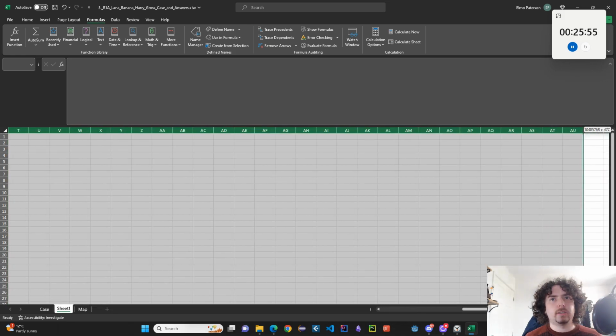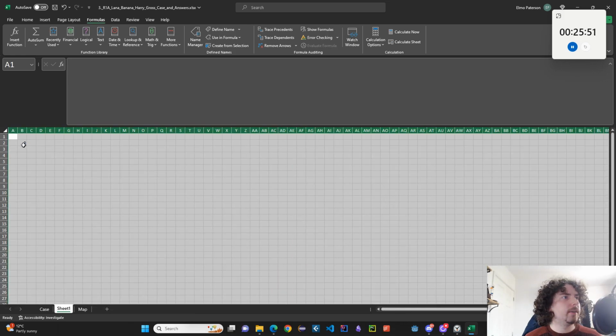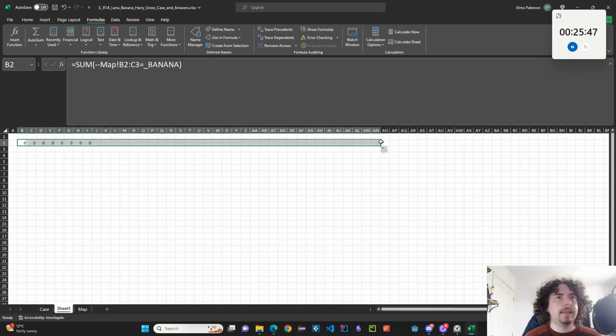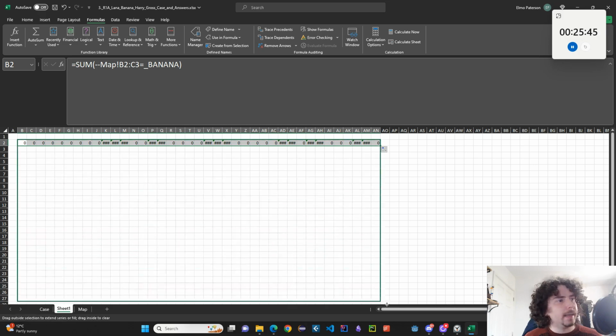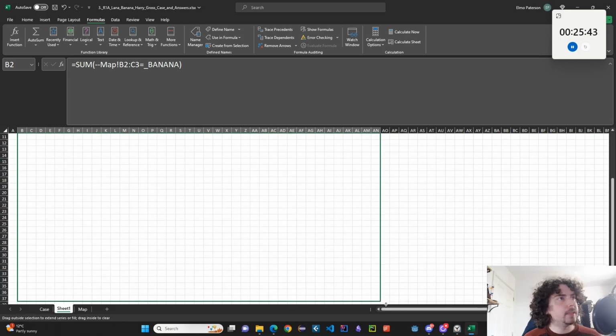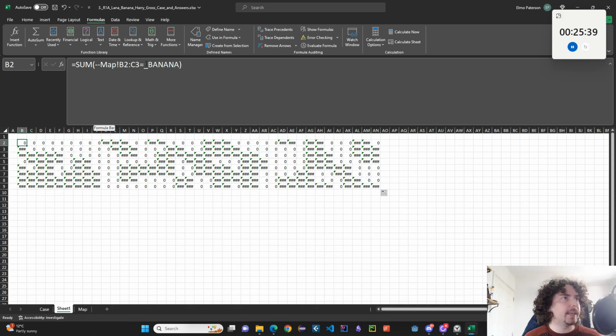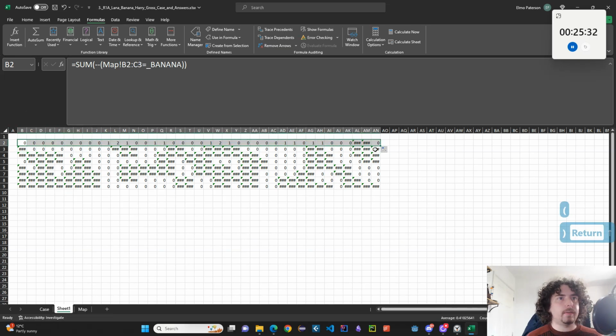Let's just make these smaller so we can see a bit better. And that's not worked because I needed brackets around. This is why I should have done it COUNTIF, but I've done it now. We need another set of brackets around there, and now this should work.